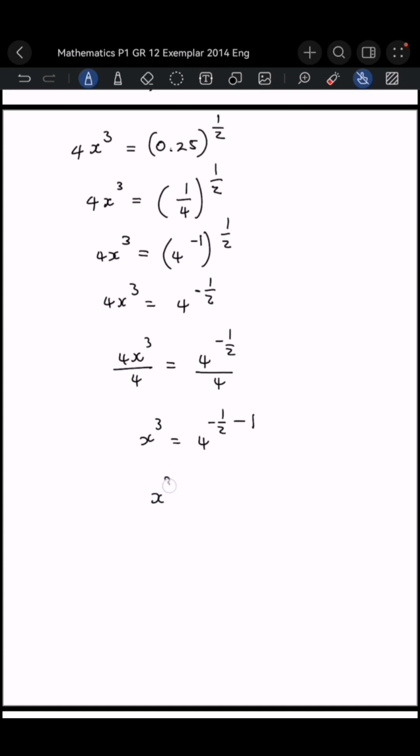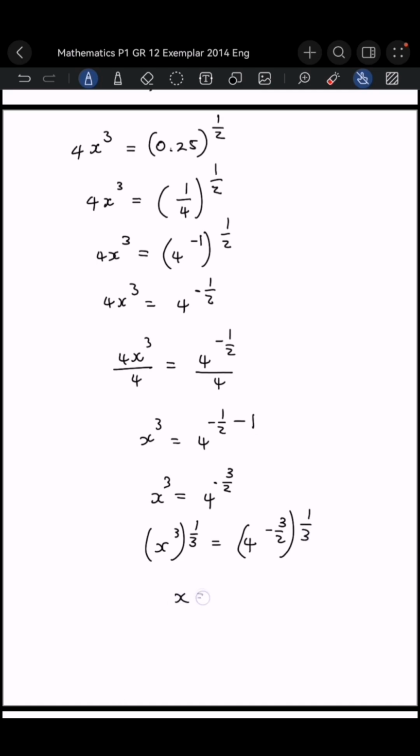Therefore, x cubed is equal to 4 to the negative 3 over 2. Right, we say x cubed raised to the power of 1 over 3 is equal to 4 to the negative 3 over 2 raised to the power of 1 over 3.